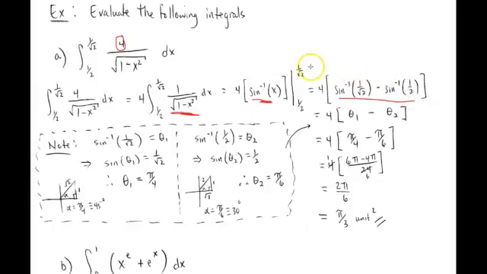And of course, we do big F of b minus big F of a. And so now we realize that sine inverse of 1 over square root of 2 and sine inverse of 1/2 are just angles.